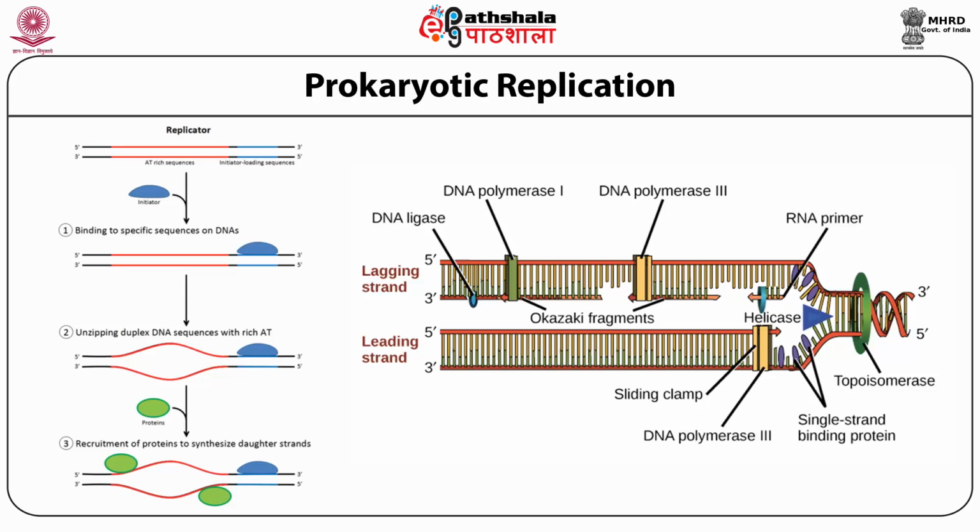Now, in the figure on the right, you can also see the single strand binding proteins which help to keep the two strands apart so that they can serve as templates during the DNA replication.